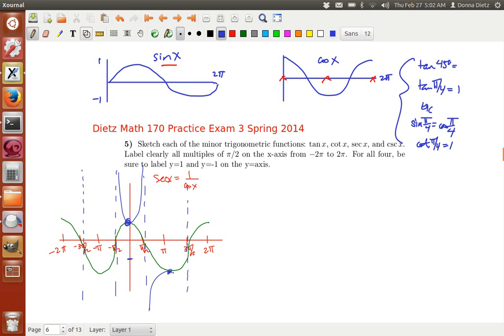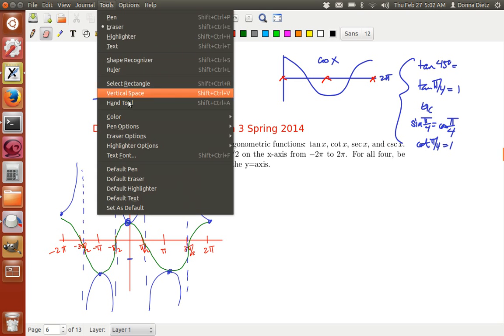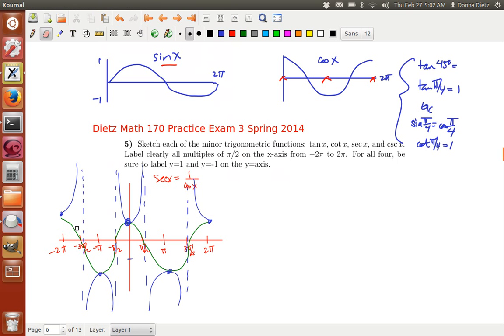I want you to think of this as some kind of funhouse mirror that stretches things in some strange, funny way. But 1 stays at 1, -1 stays at -1, and zeros go to infinity, but the sign stays the same. Okay, so we've got secant.